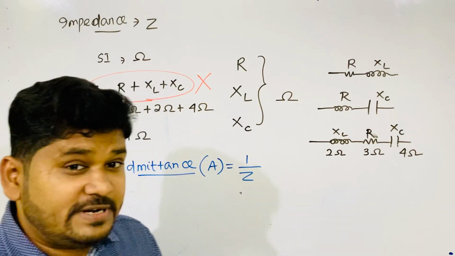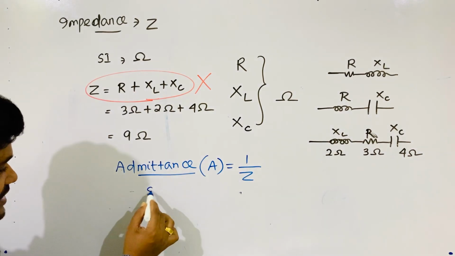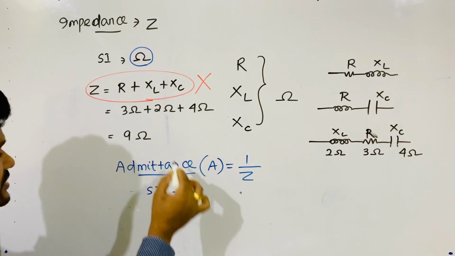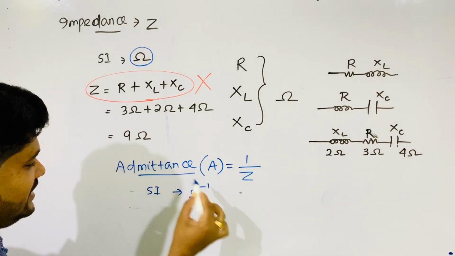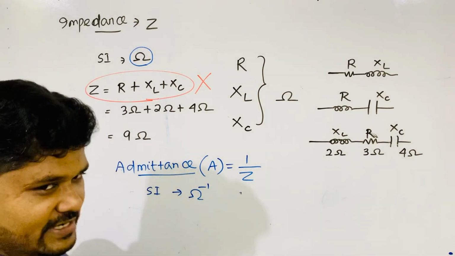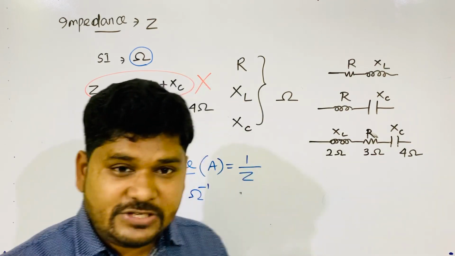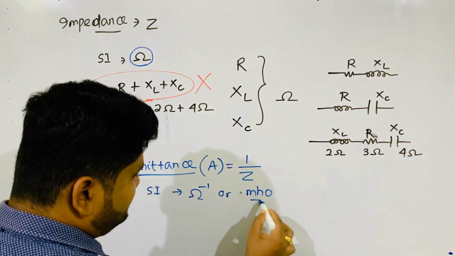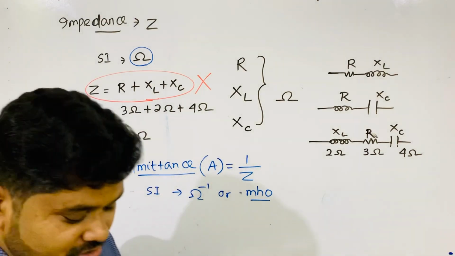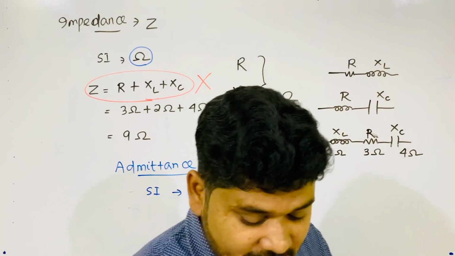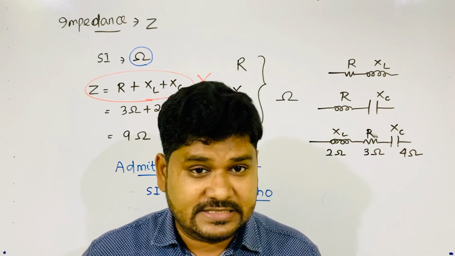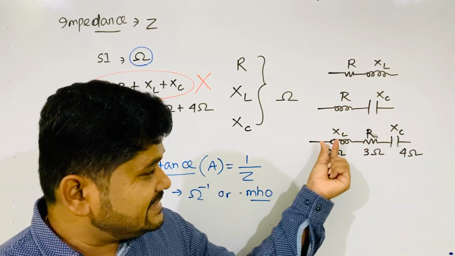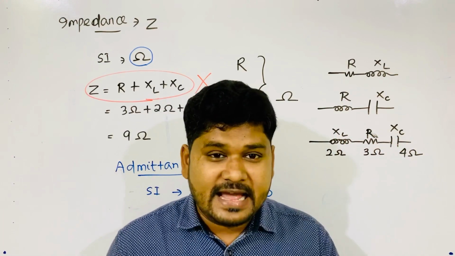So what will be its SI unit? If impedance is in ohm, then this is obviously ohm inverse, or MHO. So this is about impedance and admittance. Then what is the reciprocal of reactance, capacitive reactance and inductive reactance?